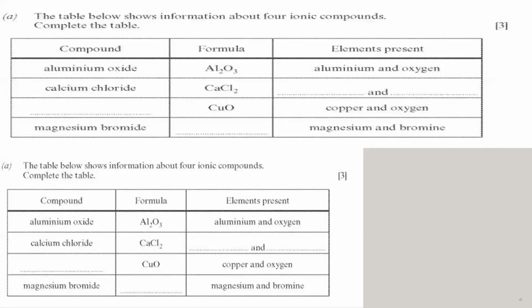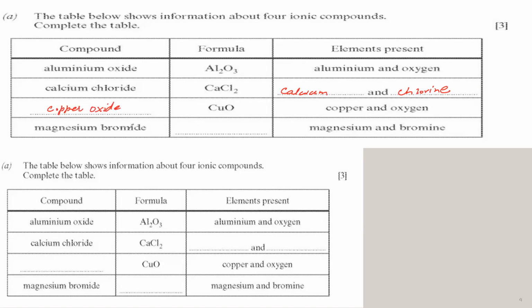Now let us do some previous year questions. They say, complete the table. Aluminum oxide: Al2O3, correct. Elements present: aluminum and oxygen. Next we have calcium chloride. Elements present are calcium and chlorine. Next, this is copper oxide.